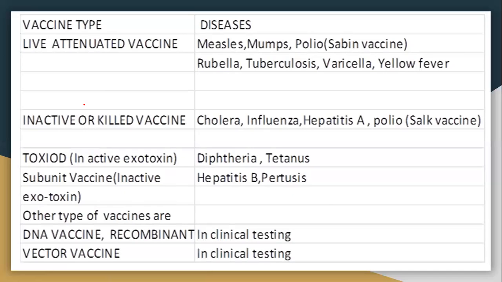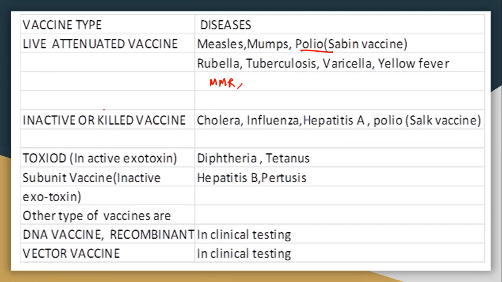Attenuated means in an inactive form, it's not able to cause disease, but it's a pathogen in a live condition. Diseases like measles, mumps, polio, rubella, tuberculosis, varicella and yellow fever all have live attenuated vaccines. So you have to remember the different types of vaccine, like MMR, measles, mumps and rubella. Polio has two types of vaccines available: the Sabin vaccine and the Salk vaccine, right?